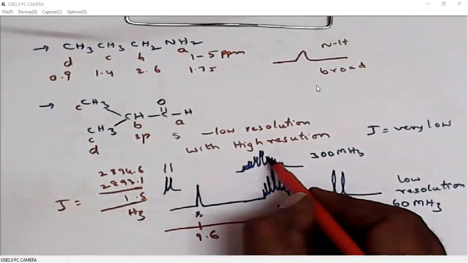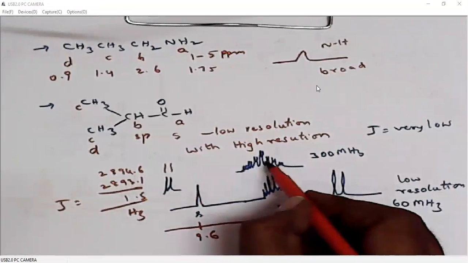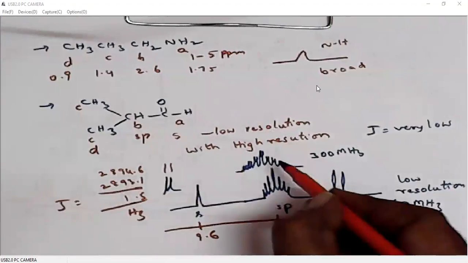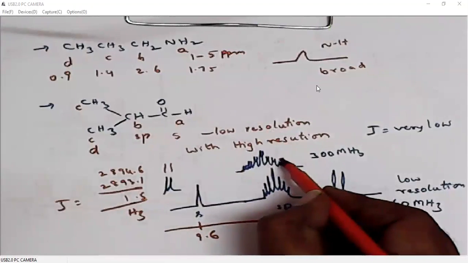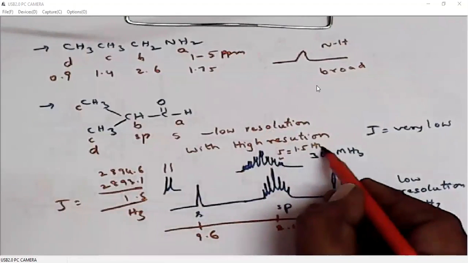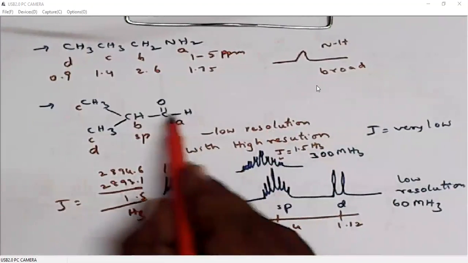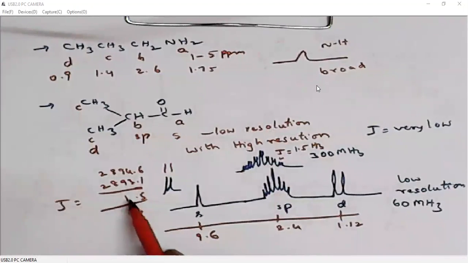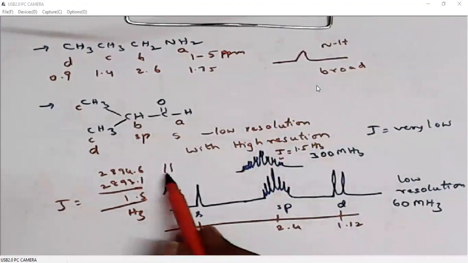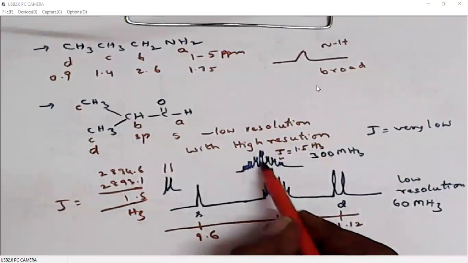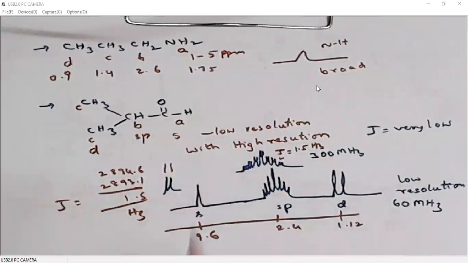Now, this septet is also undergoing coupling with this proton. So here for each doublet, the J value will also be 1.5 hertz, because this proton is coupling with this. Similarly, this proton is coupling with this. That means the coupling constant of this doublet or any doublet of this septet will be 1.5 hertz.